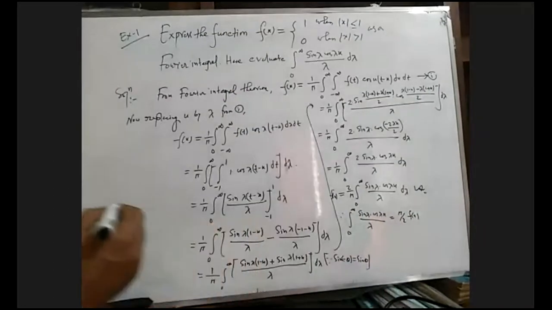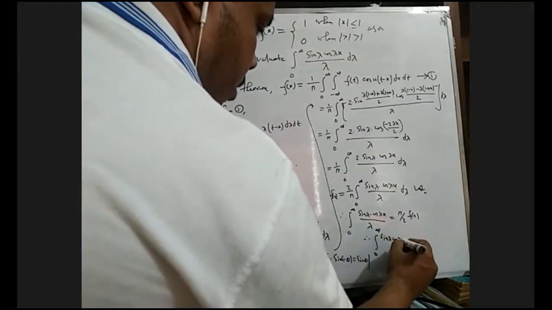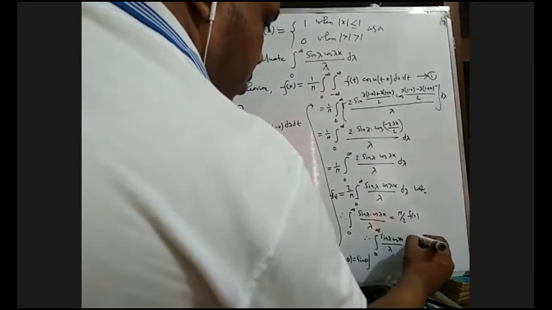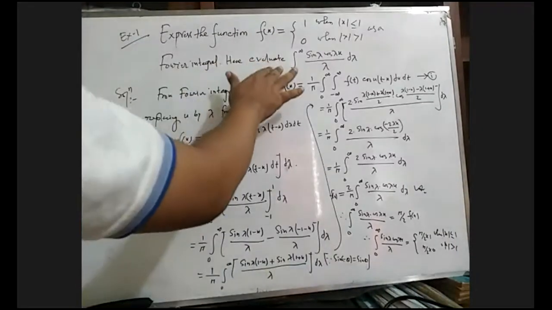Therefore the integral of sine lambda cos lambda x divided by lambda from 0 to infinity equals pi by 2 multiplied with f of x. That means there are two cases: pi by 2 multiplied by 1 when x is less than 1, and pi by 2 multiplied by 0 when x is greater than 1. This is the required value of this integral.